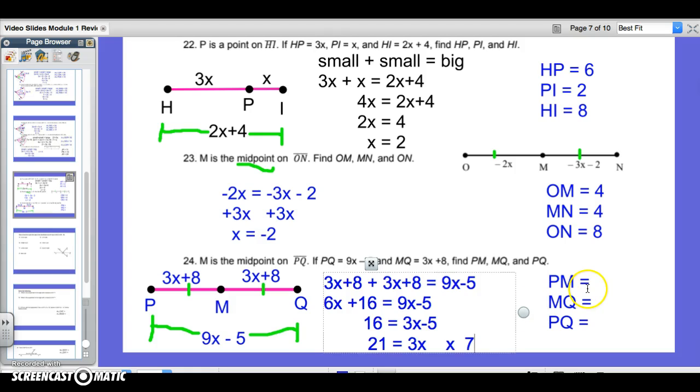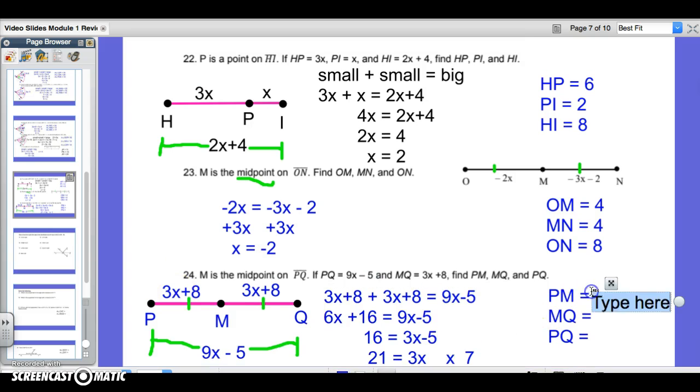And then we're going to plug it in to find the values of each of these. So PM is, this is a 7 right here, so 3 times 7 is 21. 21 plus 8 is 29. So PM is 29. MQ is also 29. And then that makes PQ, the entire thing, 58.